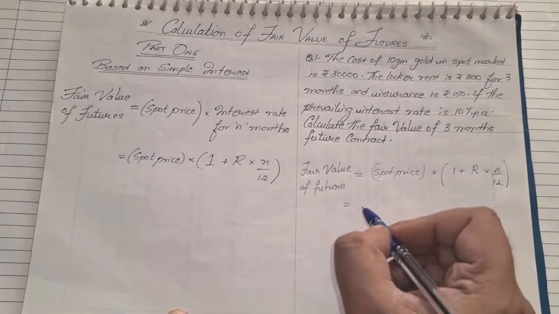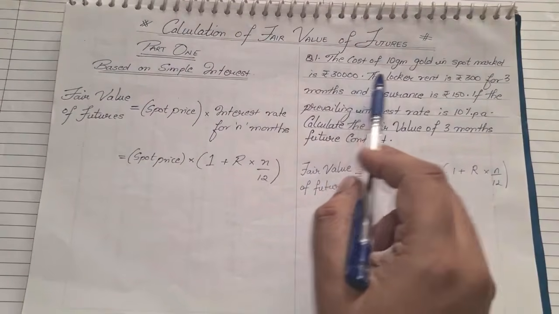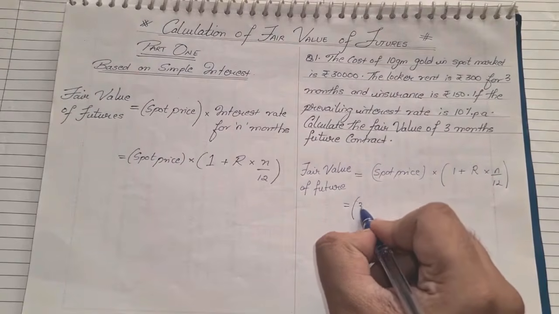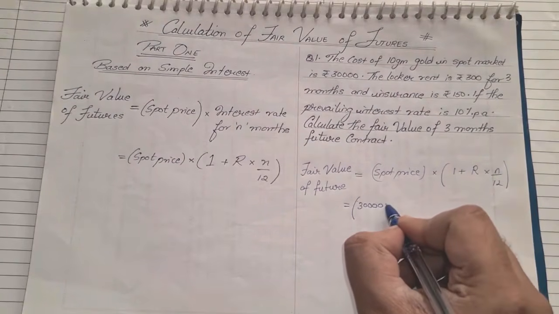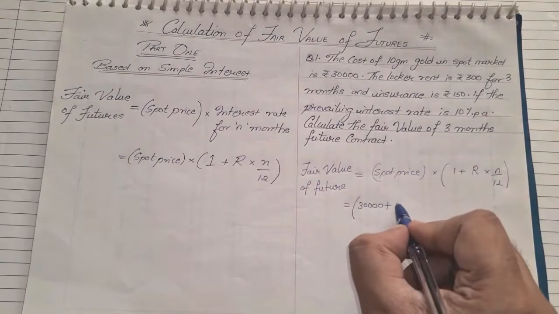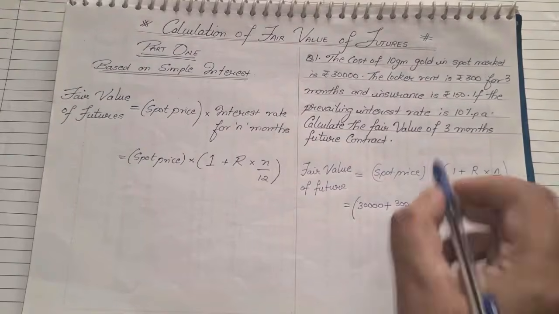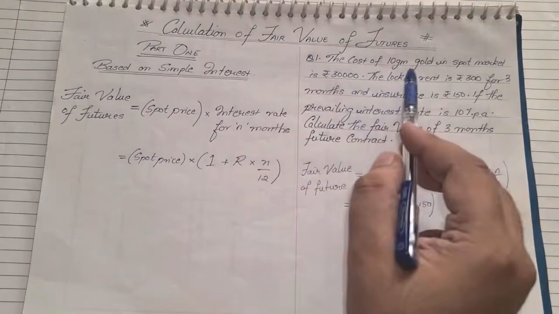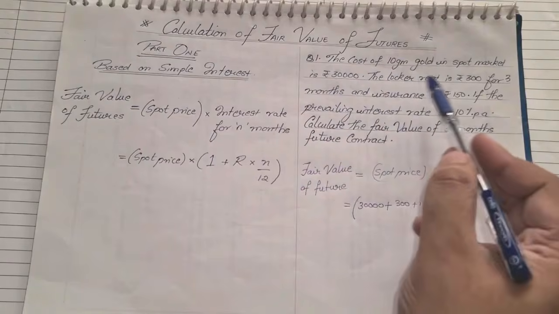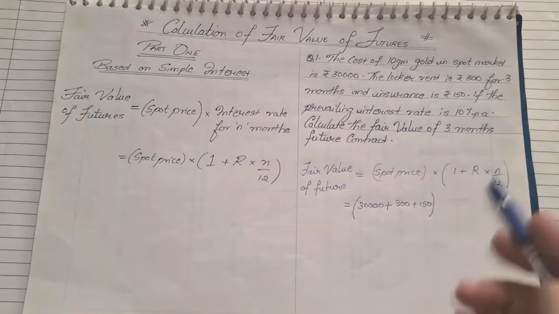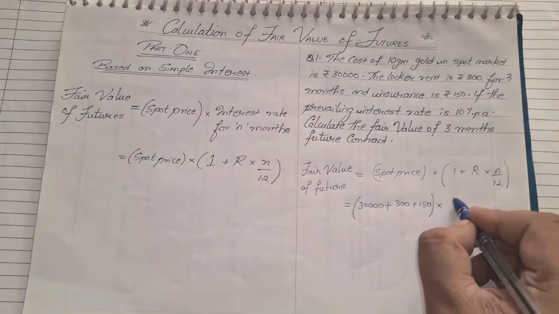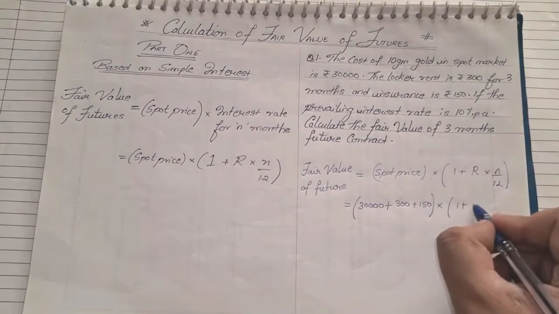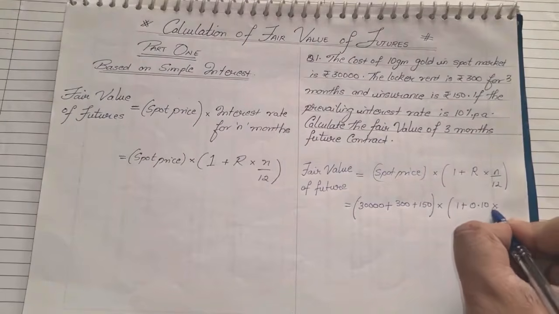Now in the sum, the spot price was made up of 10 gram gold, which is rupees 30,000, but along with that you even spent locker rent of 300, so that gets added to the spot price, and even insurance of 150 rupees. If they had only given us gold, we would have directly taken 30,000 as the spot, but they have additionally added some expenses that also get added to your spot price, into 1 plus the rate given, which is 10%, so we will take it as 0.10 into the number of months.